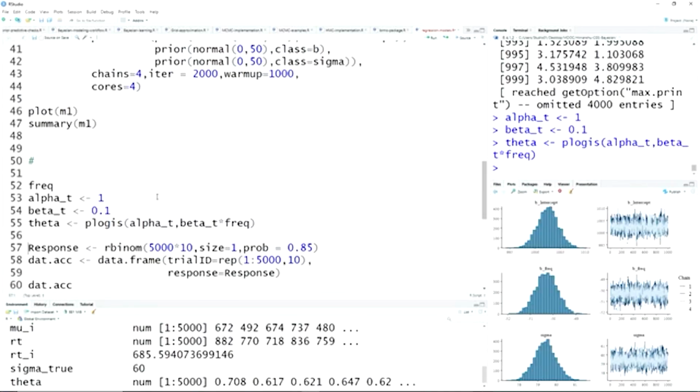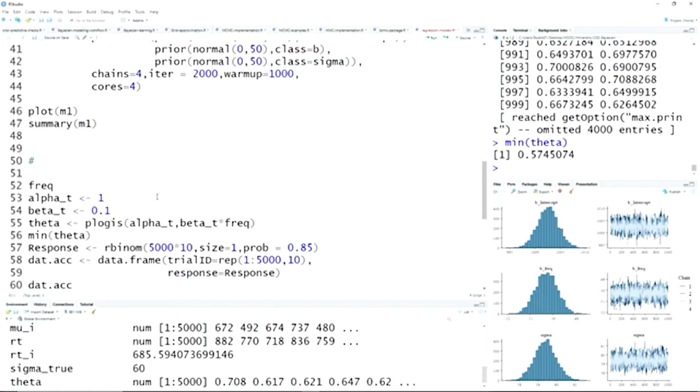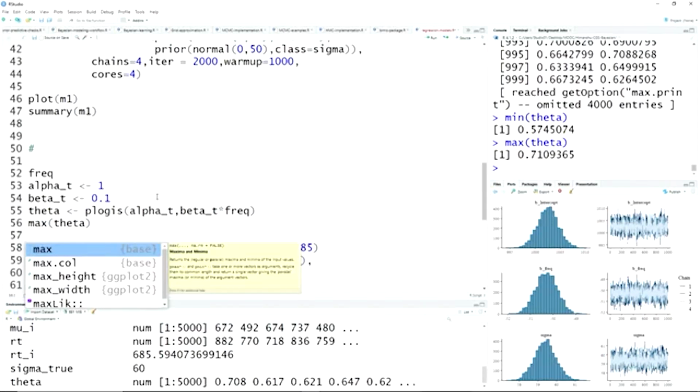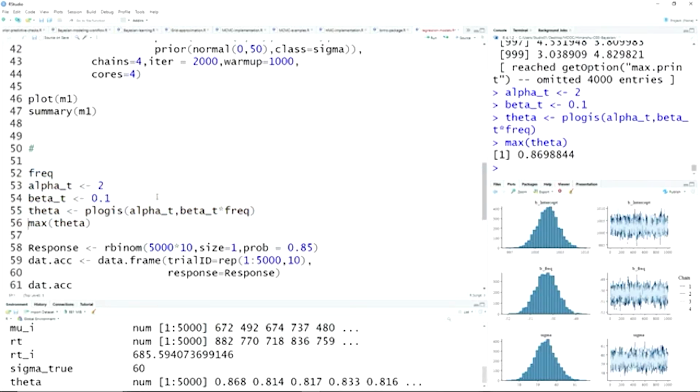So let's see what kind of theta values I get with this. Okay, so I can increase the intercept. This is better.